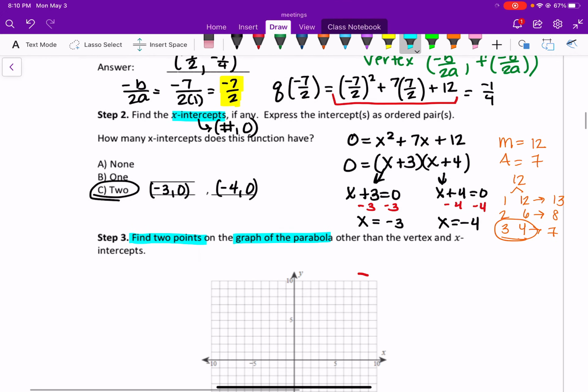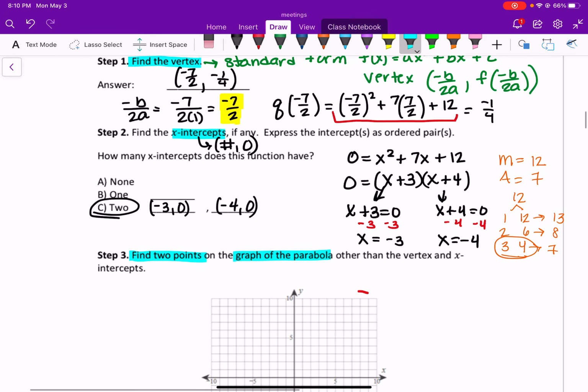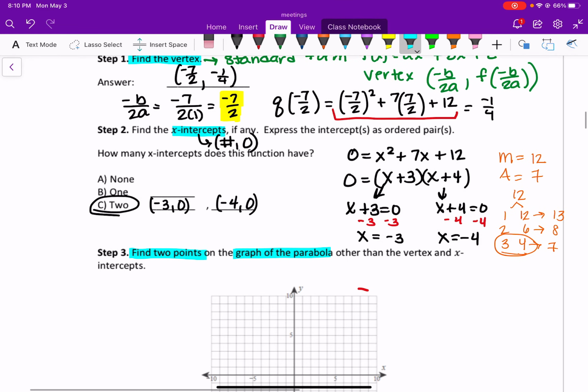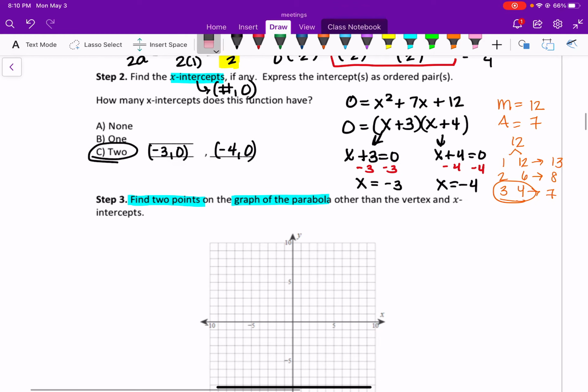So again, I'm looking at this, and you can go ahead and graph everything we have right now since we do have everything. So negative 7 halves, just so you know, if I'm looking at graphing this by hand, and I know you guys are going to take your test on the computer, but it's always good to know how to do this. We're going to do these as decimals. So this is negative 3.5.